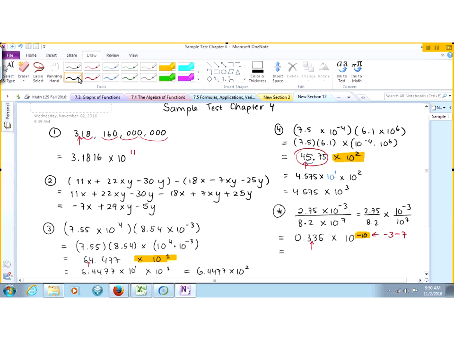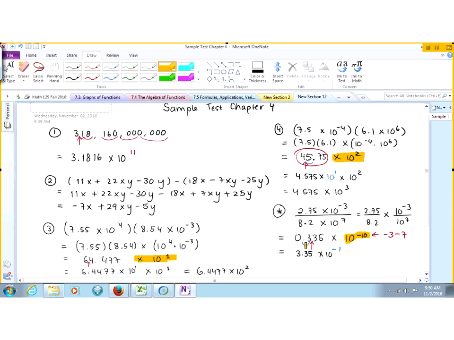Okay. Good. So this is 3.35. You guys have to be careful here. So where is the original decimal point? To the left. So if I'm moving to the left, then what happens? 10 to the negative 1. Yes.